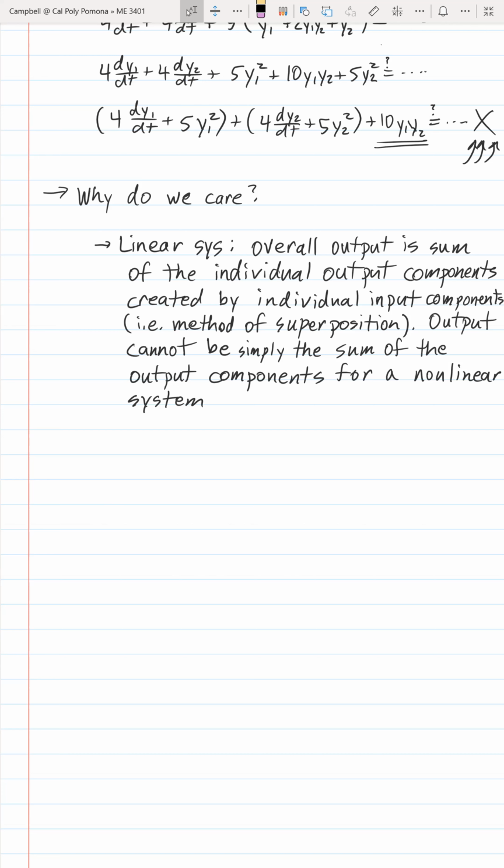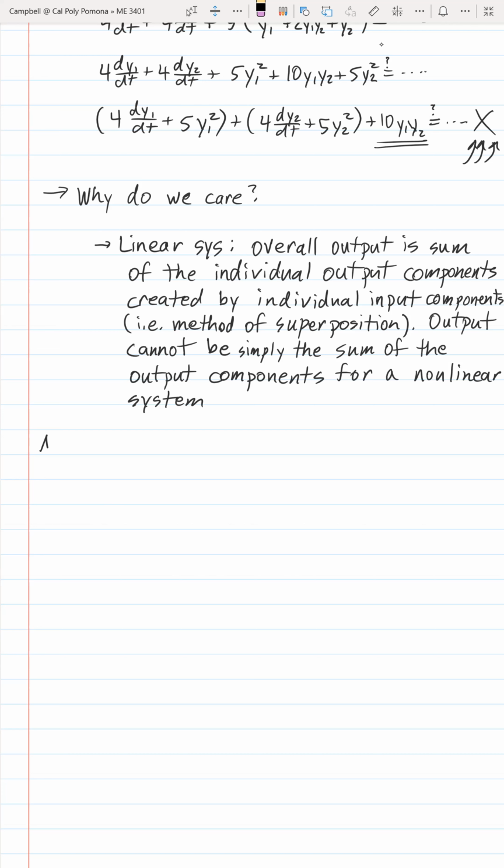And if we input that more complex signal and we don't see that sum coming out, what does it mean? It means that we're dealing with a nonlinear system. And you could determine that right then and there experimentally. So it's pretty interesting how this plays into our understanding of even how we would test something experimentally.